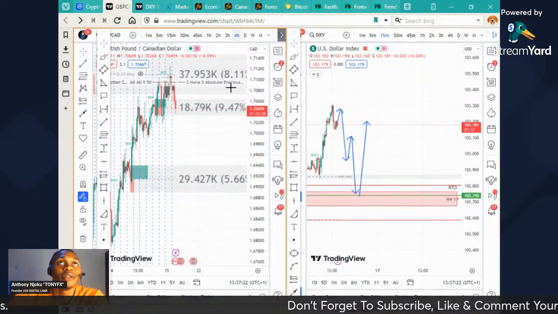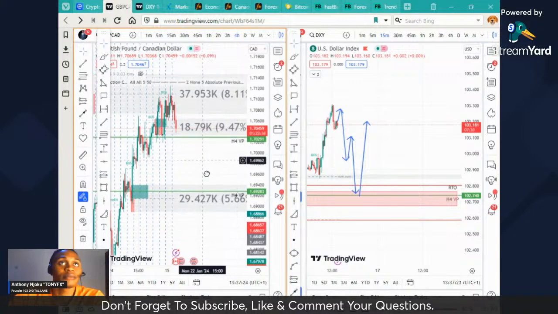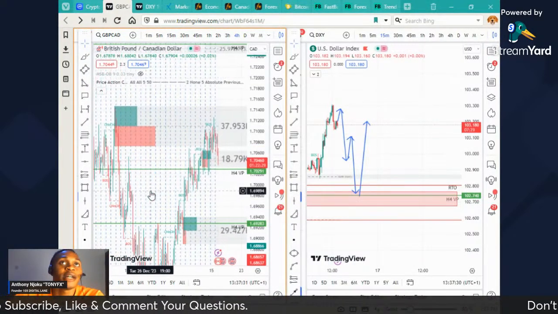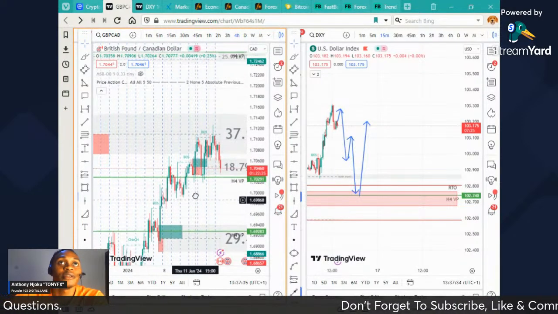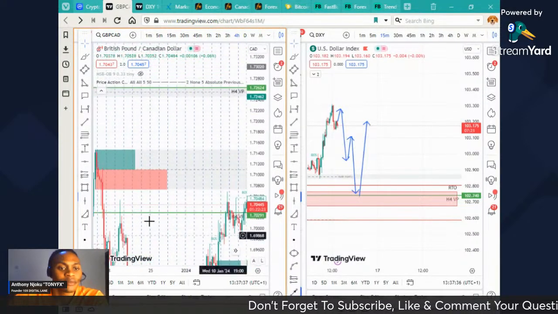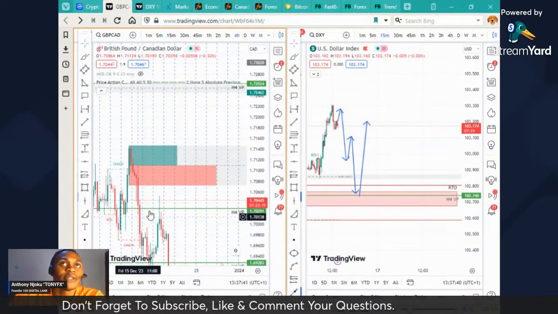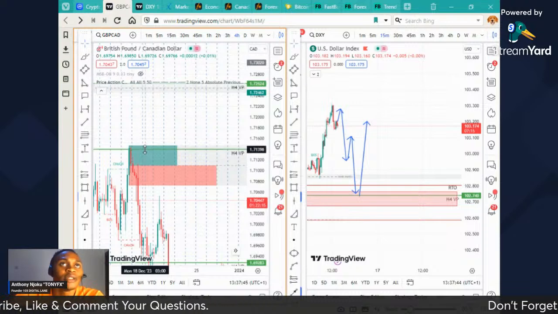Let's go to GBPCAD. Okay, so for GBPCAD it is quite different. This is the last green candle.